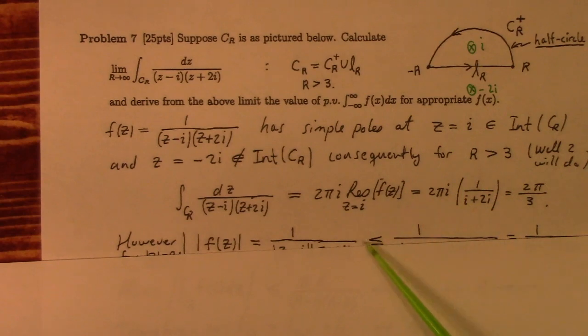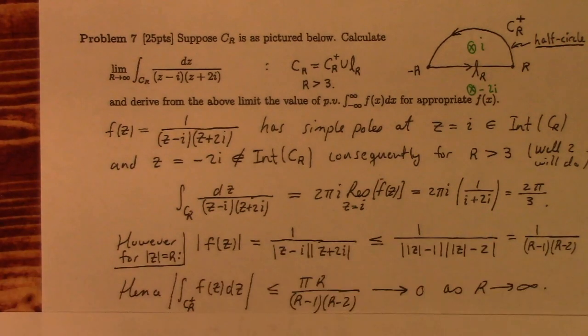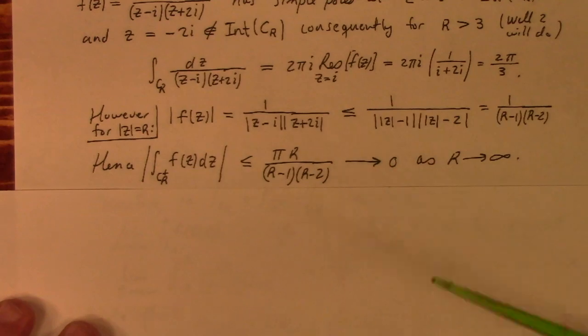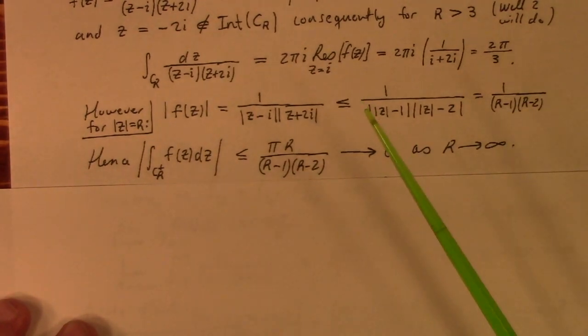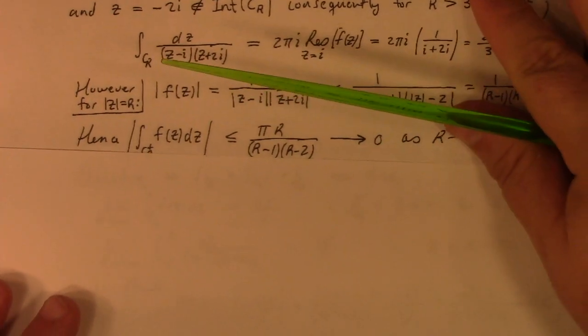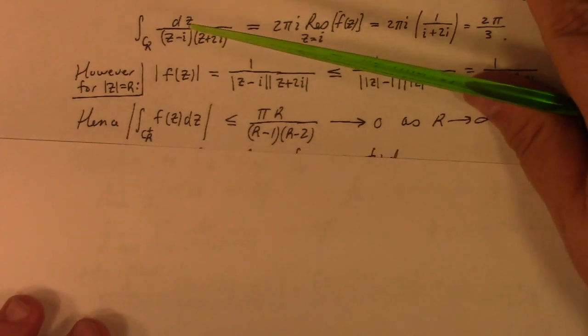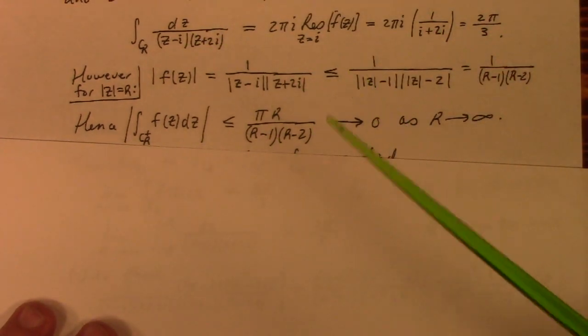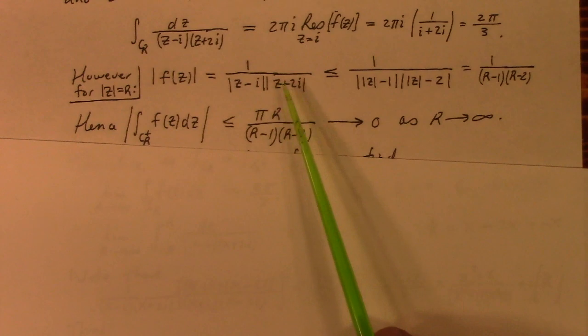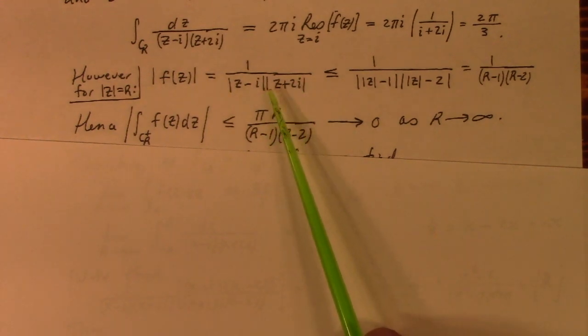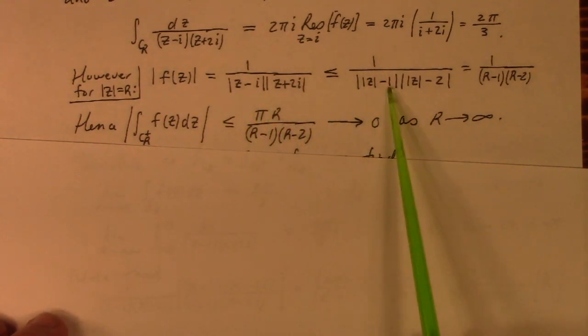All right, so the Cauchy residue theorem says it's 2 pi i times the residue at i, which happens to be 2 pi over 3 when we work it out for this one. But on the other hand, we can bound the modulus of the function using triangle inequality stuff. So we've got modulus of z minus i, modulus of z plus 2i, and this is an important triangle inequality to know about.